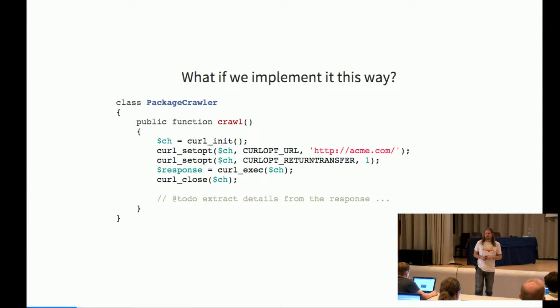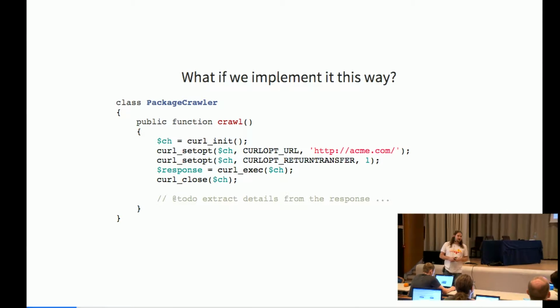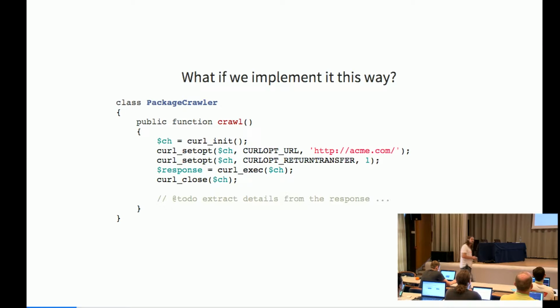So why should we bother? Why don't we just do this? Just use curl in our crawl method, then whatever it returns, parse the document, then put it into the database. Isn't it better? Anyone?